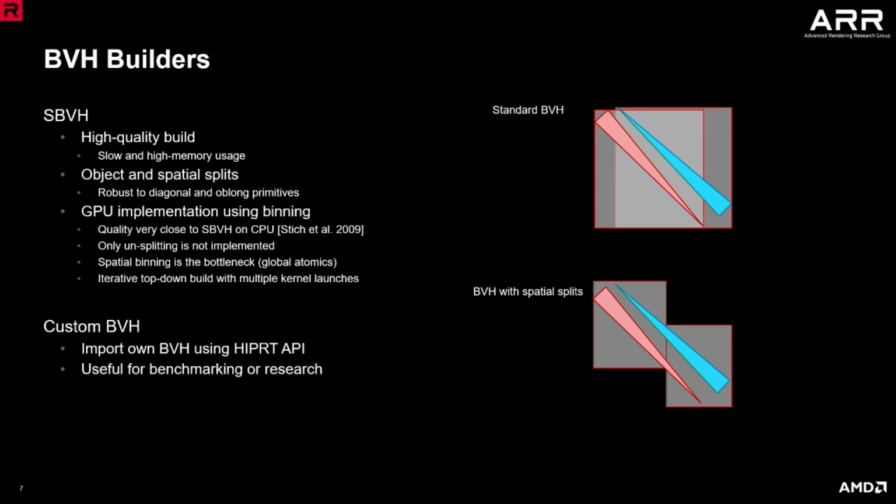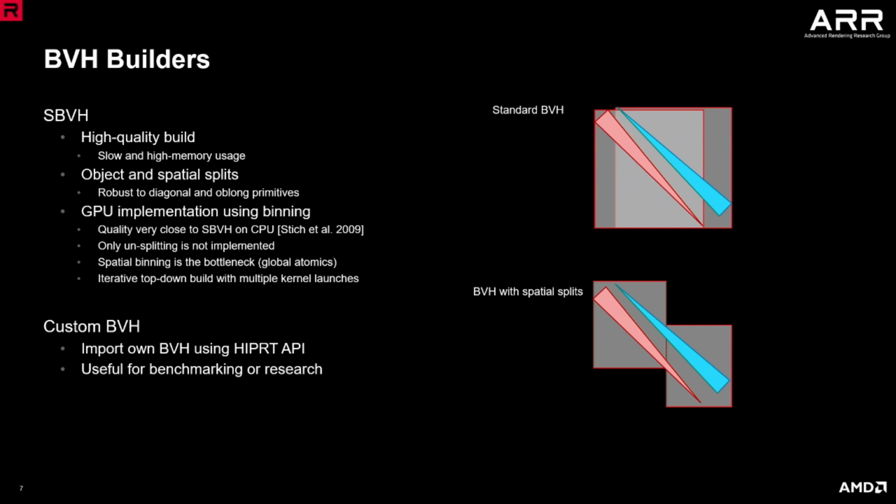SBVH is a top-down approach where we try both standard splits and spatial splits, and we select the one minimizing the SAH cost approximation, which takes into account not just the surface areas, but also the number of references in each subtree.